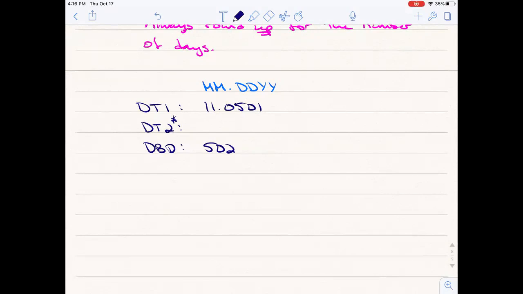And now I can go back up to date 2 and hit compute. And it was Saturday, March 22nd, 2003. Took her a while to pay back that loan.